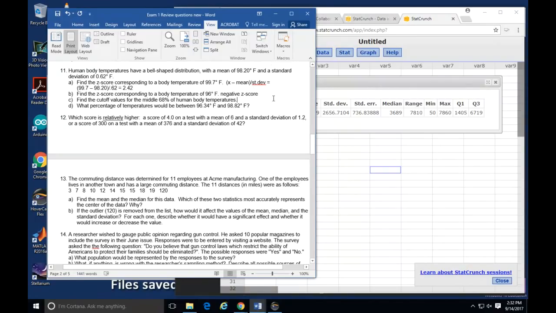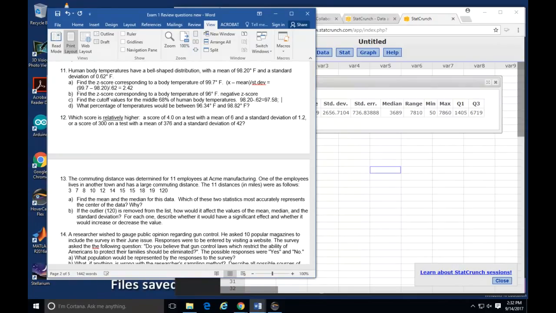So if we take our mean and subtract one standard deviation, 0.62, that's going to give us the cutoff value for the lower part. That's going to give us 97.58.